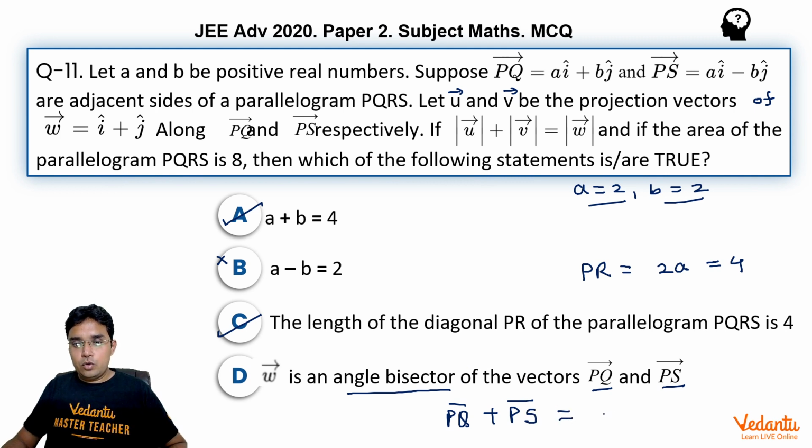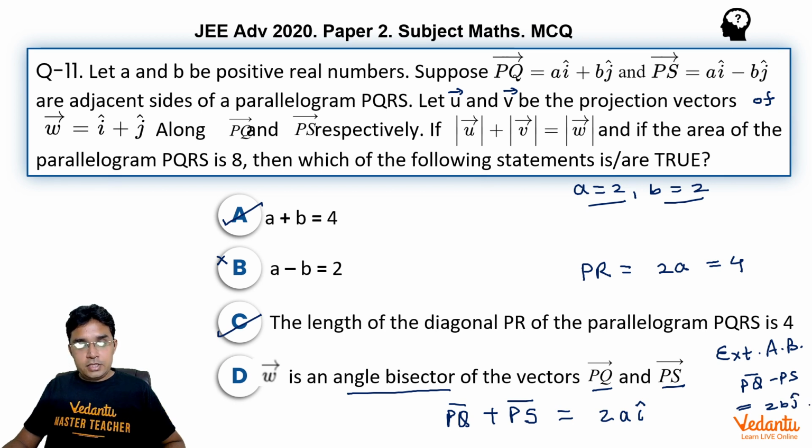And this comes out to be 2A I cap, whereas W is I plus J. So it cannot be an angle bisector of PQ and PS. In fact, even if we would have taken external angle bisector, that would have been PQ minus PS, and that will be 2BJ. And this can also not be equal to W, so this D is definitely wrong option.